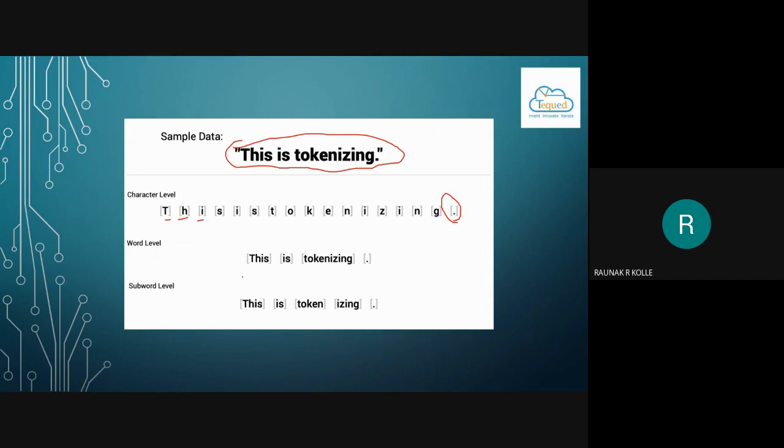Word level tokenization tokenizes each word, and notice how the terminating character, since it is not a part of any word, is considered a separate entity, and hence, even in word level tokenization, the terminating character is a token by itself.